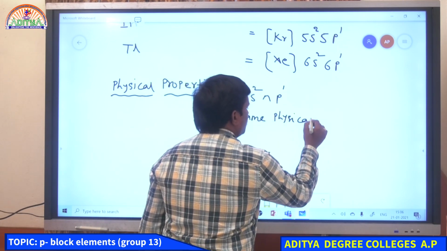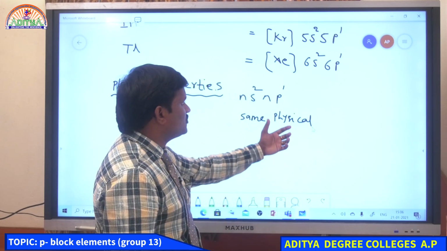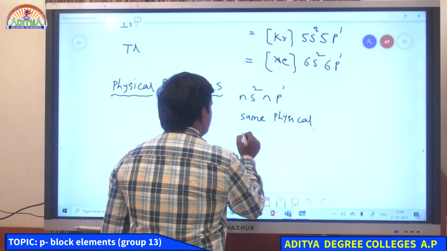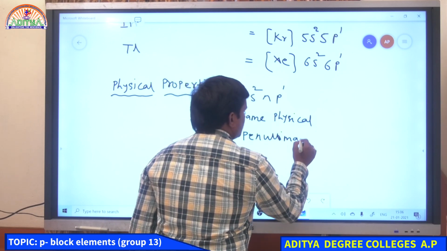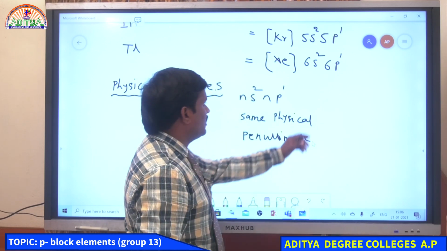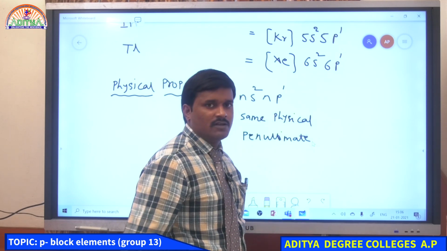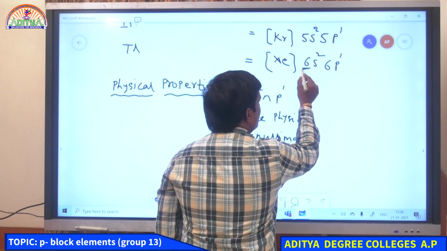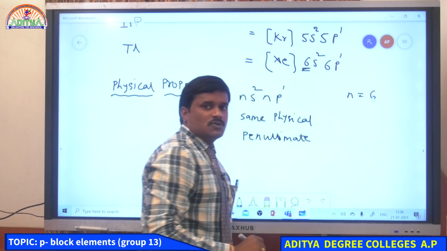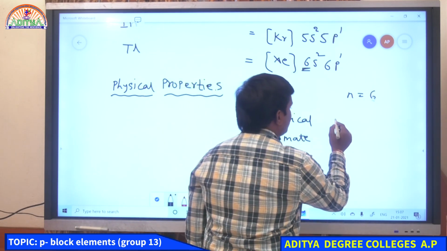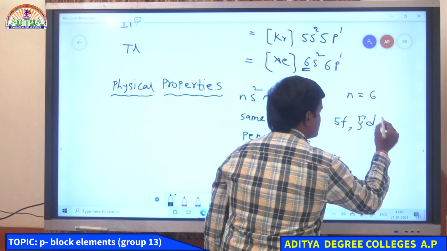This is due to the presence of the same electronic configuration, but there are some deviations, that is due to the presence of the penultimate shell. Penultimate shell means last but one shell. So here the outer electronic configuration is 6s2 6p1, where n is 6, the principal quantum number. Before 6 there is the 5th shell, which has 5f orbitals and also 5d orbitals.